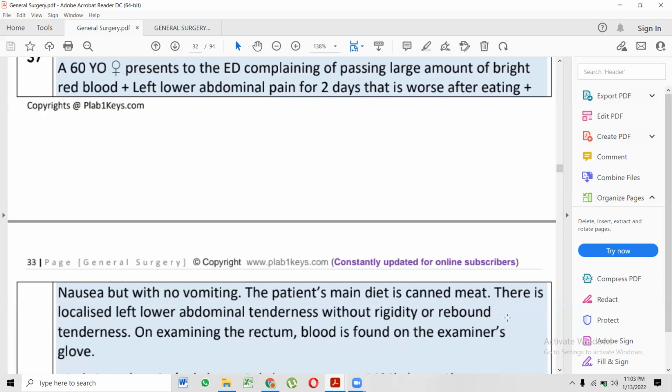For colorectal carcinoma, remember the symptoms were old age along with anemia, altered bowel habits, and weight loss.